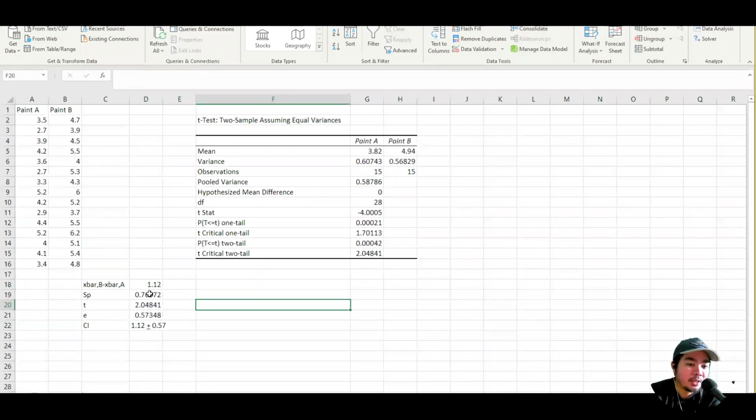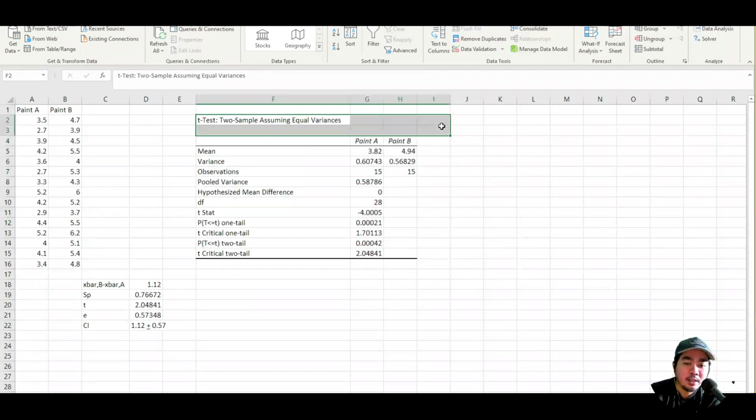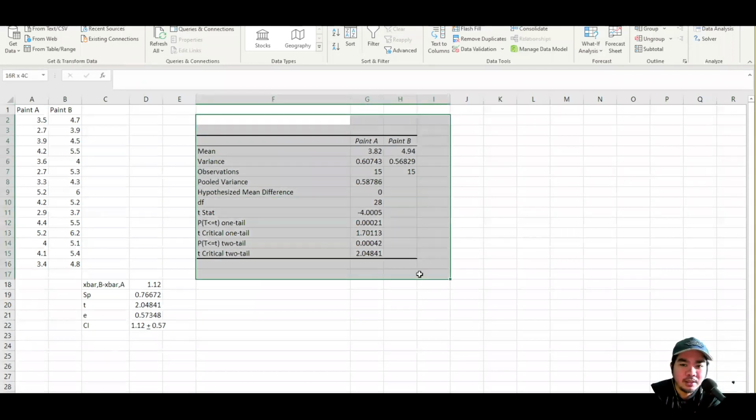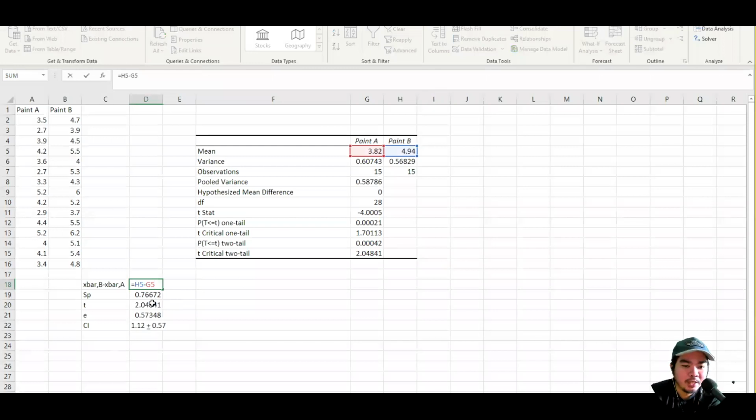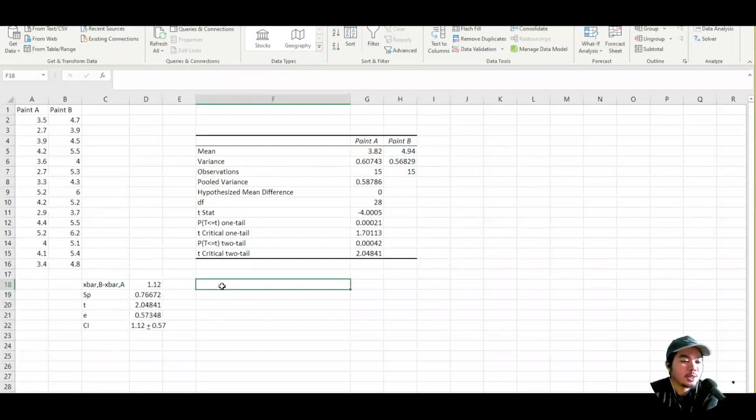Final answer lang binigay nyo. So pagka ganito na lang, i-retain nyo na lang to kahit hindi hypothesis testing talaga ginawa natin. Tapos para alam namin kung ano yung mga reference cells na ginamit nyo. Okay? So wag nyo na lang i-copy and paste as values. Okay? Medyo madali lang, no?